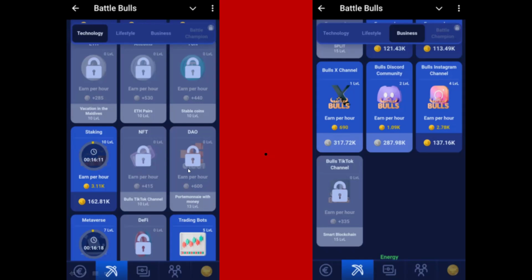But you'll be asking yourself, is it really worth it for you to go and spend time purchasing this card 13 times just because you want to purchase this card? Because remember, each time you are purchasing the card, there's a certain quantity of coins that you have to burn. So are you really prepared to burn such quantities of coins up to 13 times just because you want to open this card?